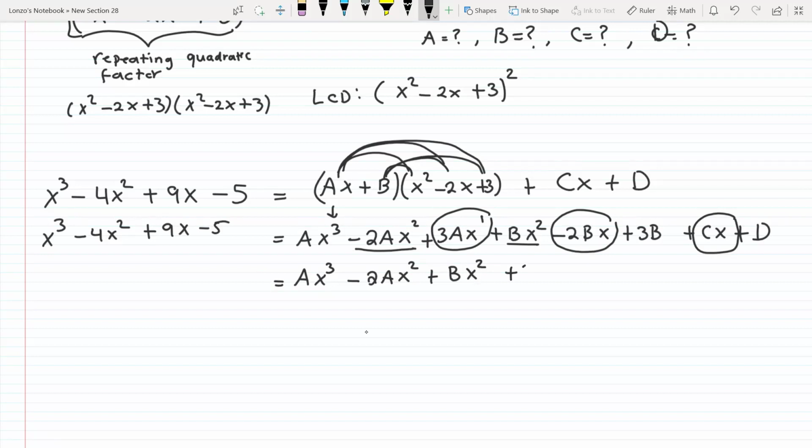So it'd be plus 3ax minus 2bx plus cx. Okay, and then what else am I left with? I'm left with the 3b and the d, right? The 3b and the d, so 3b plus d.